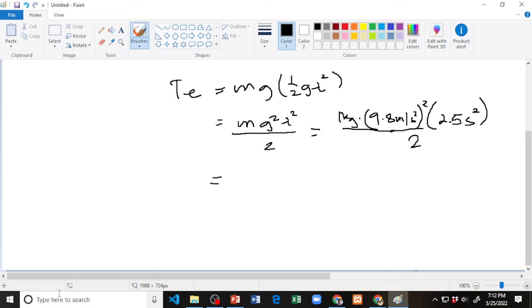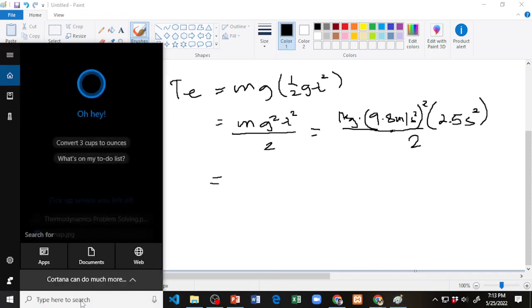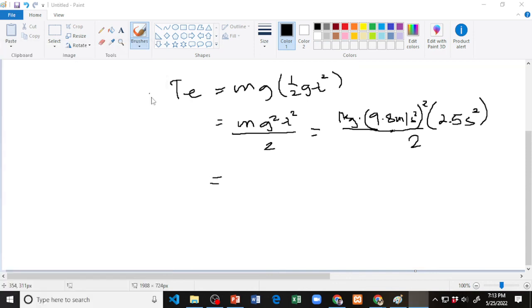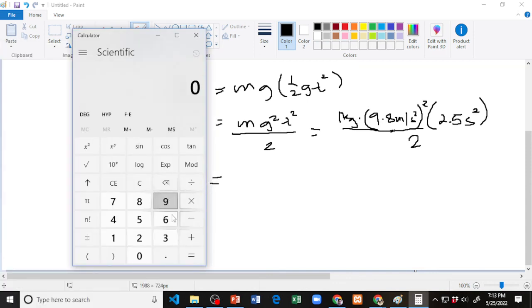Let's check the calculator, using a simple calculator. So that's 9.8 times 9.8, so you're gonna have meter squared, second squared, or second to the fourth power. That's 96.04.